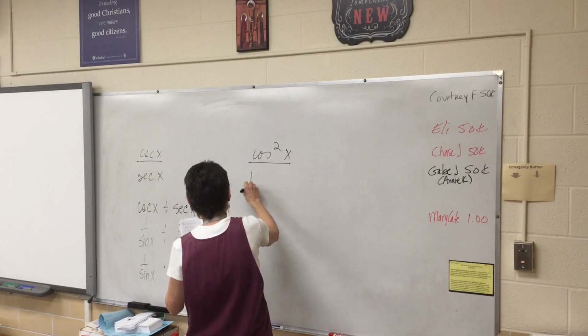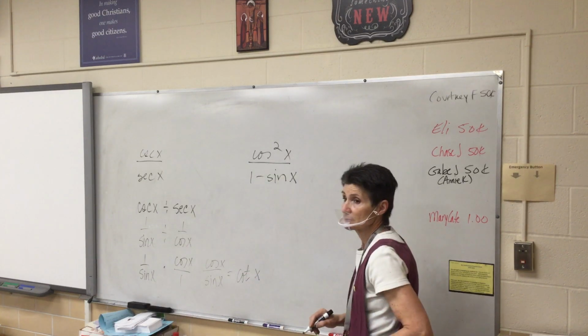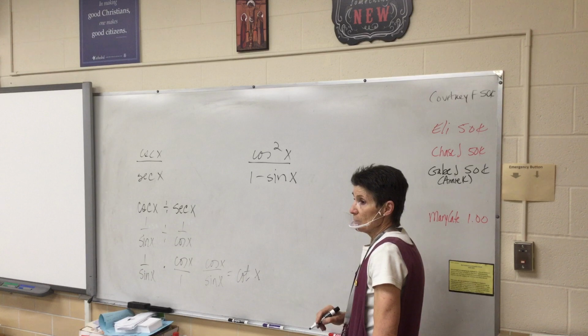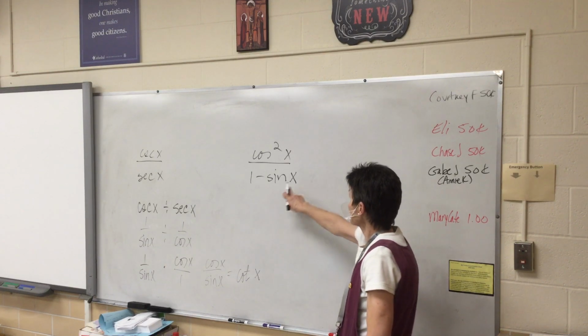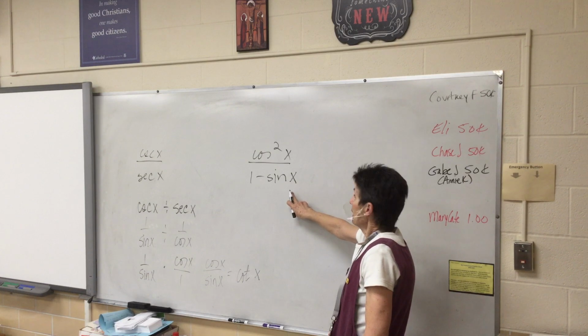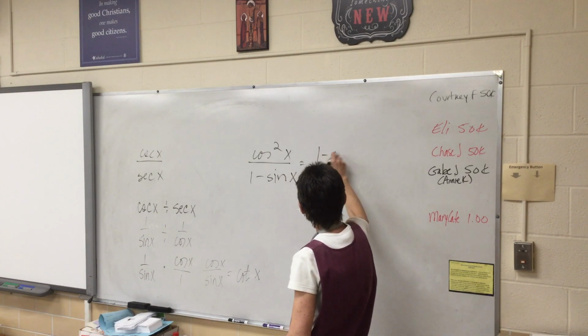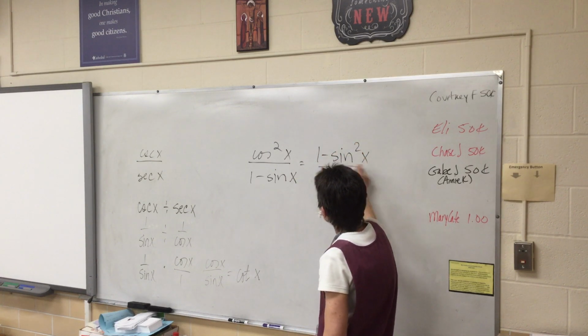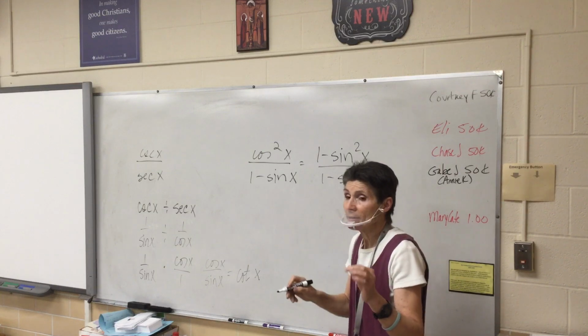Cosine squared over 1 minus sine. What? Just be 1. No, because that's not squared. Cosine squared is 1 minus sine squared. But you can't do anything with 1 minus sine.